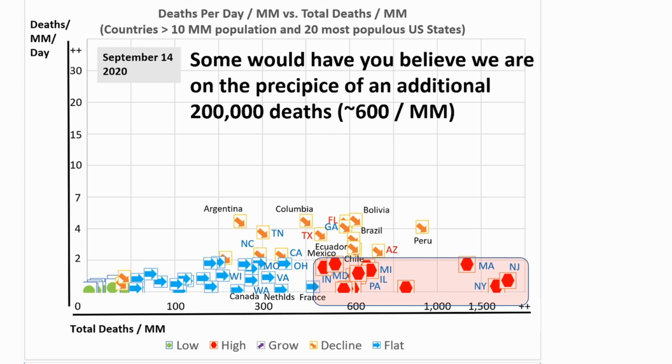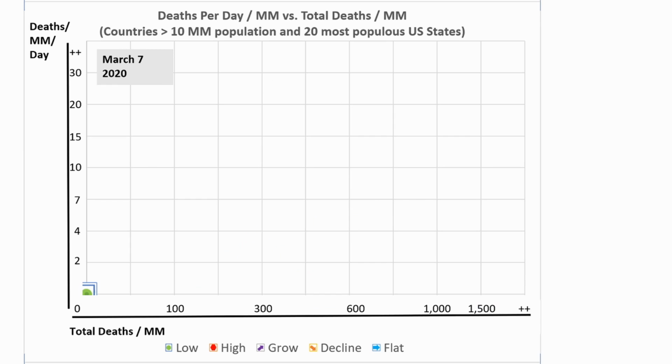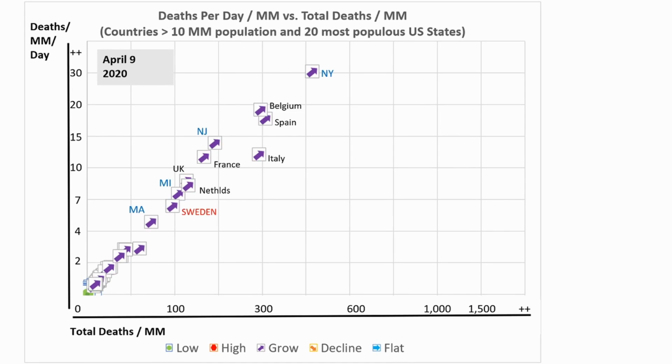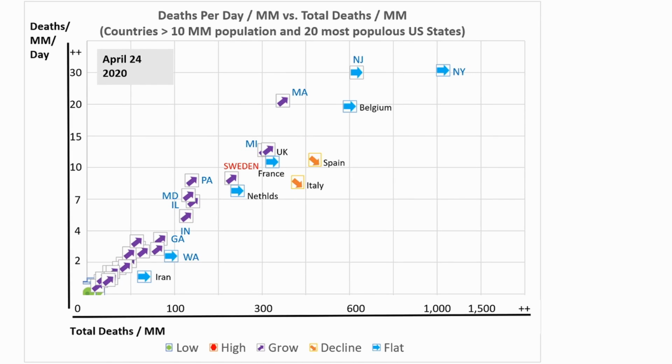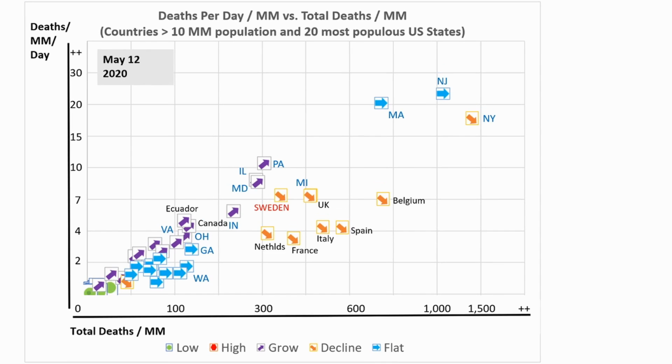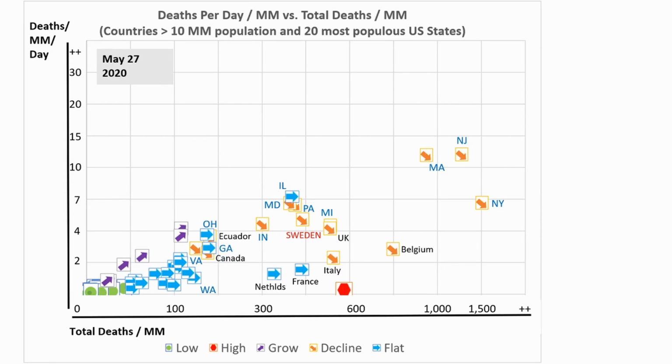Given what we've seen in Sweden, given what we've seen in reduced transmissions in Florida and Texas and Arizona despite a lax approach, given the experience of Brazil, where death levels have plummeted, is there persuasive evidence for such a claim? Sometimes a picture's worth 1,000 words, and sometimes just looking at the data gets you to the right answer.